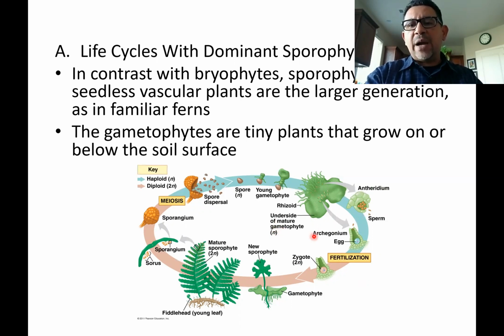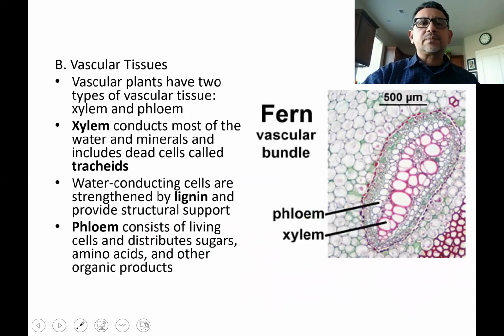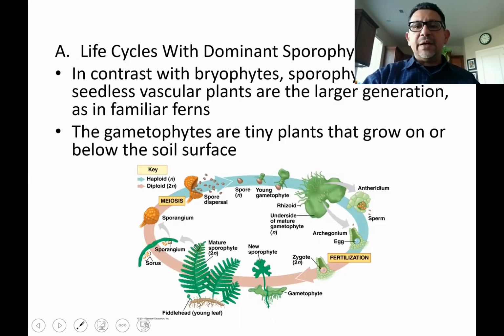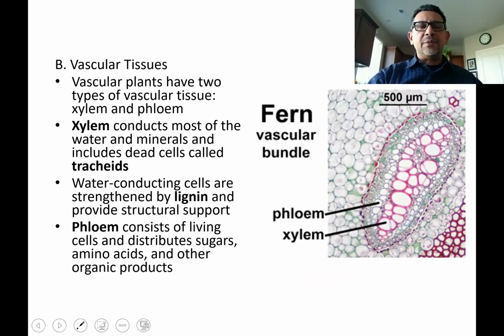From N, we go back to N, the ploidy of the egg and the ploidy of the sperm. And by the way, after fertilization happens, then the new sporophyte will begin to develop. And this is called a life cycle because it goes around and around and around.